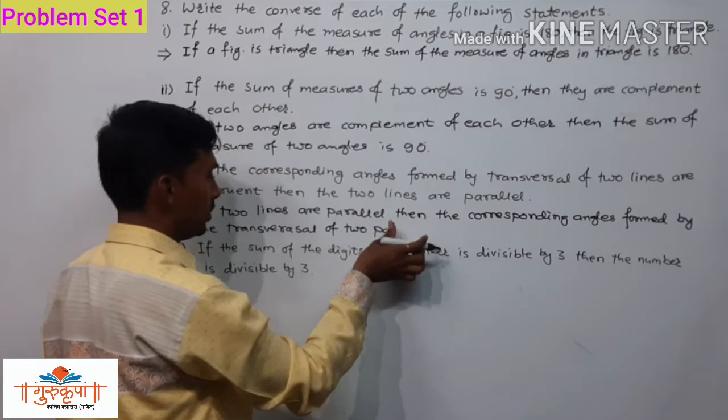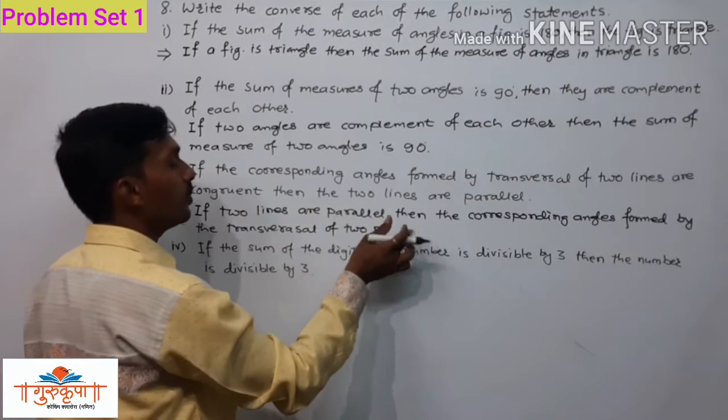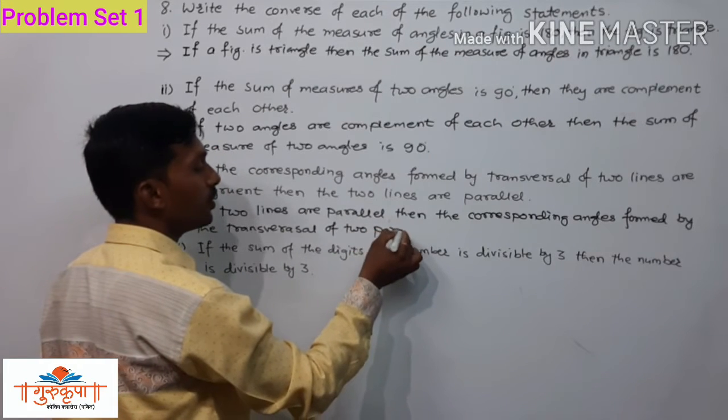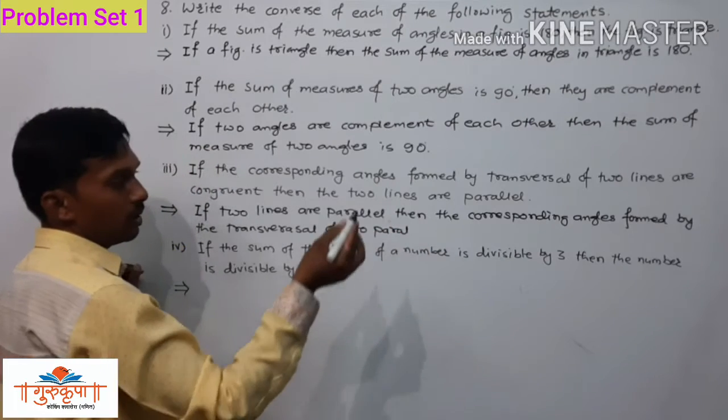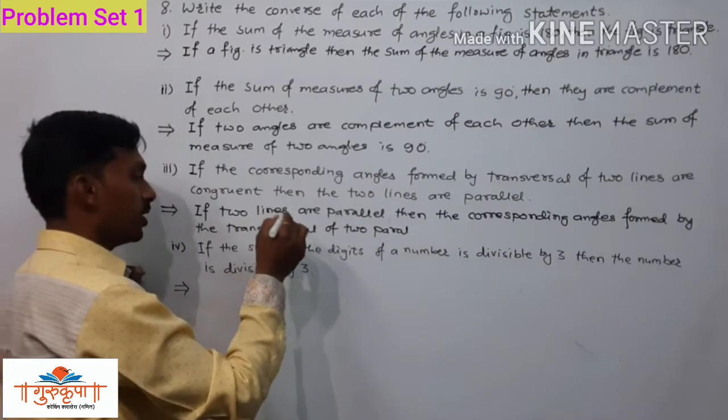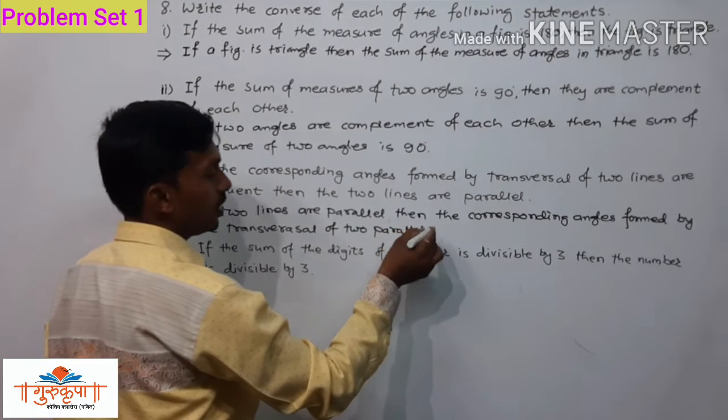We already said that the lines are parallel, or here also we can describe it: then the corresponding angles formed by the transversal of two parallel lines are congruent.